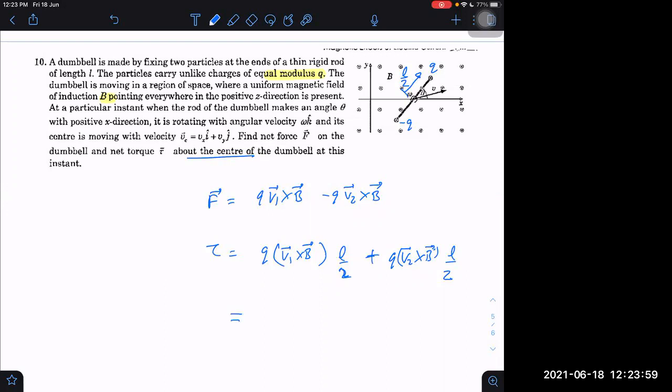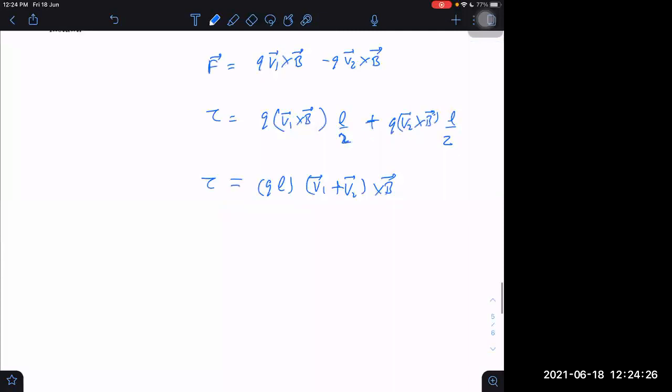Then we can write q into L, which is like magnetic dipole moment, into v1 plus v2 cross B.